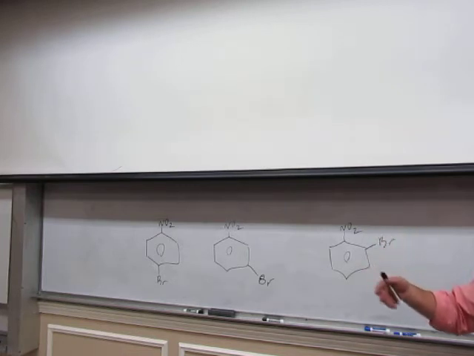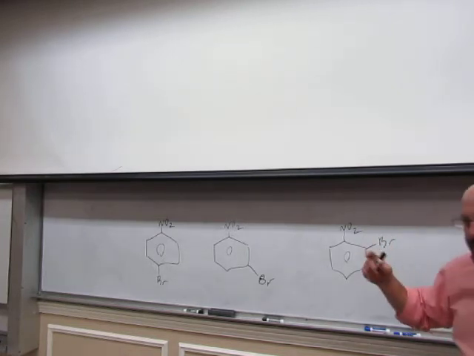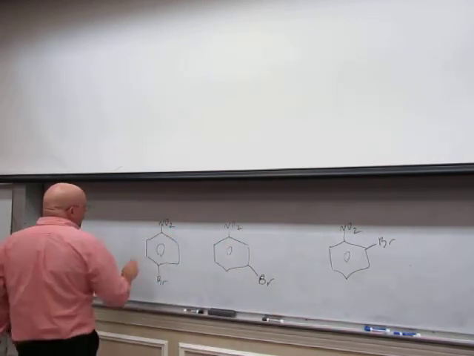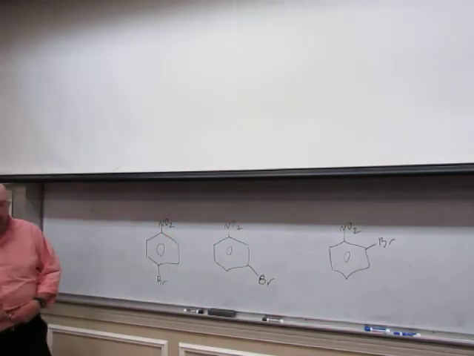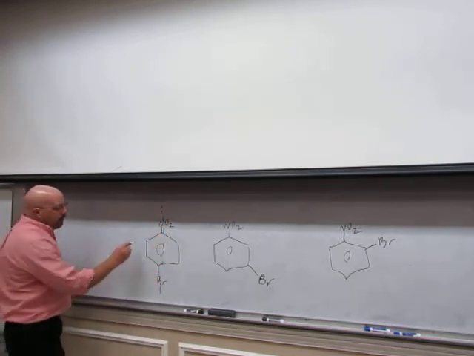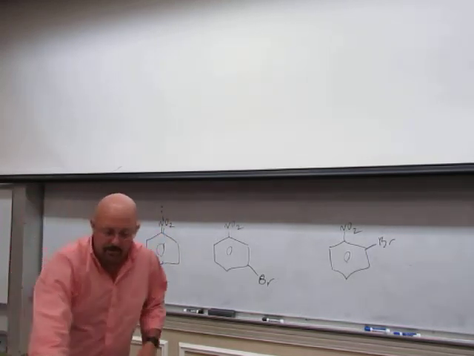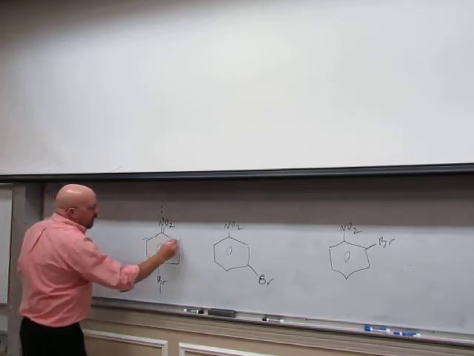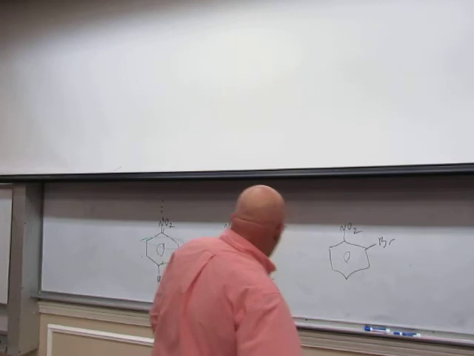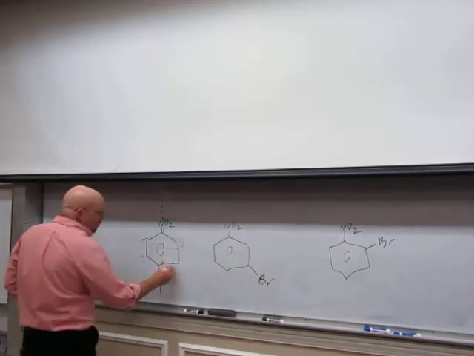Whether it's ACS or MCAT or DAT or something, it's got to be something you can answer pretty quickly. Look at this one. The only one that's got symmetry here is the para. It's got symmetry down the center. You've only got 2 different kinds of protons here. You got these 2, and then you have these 2.